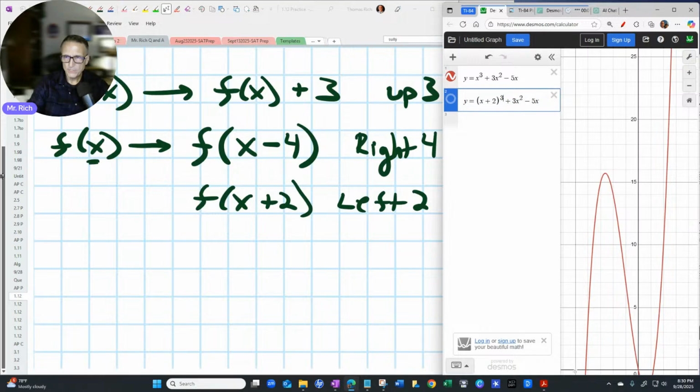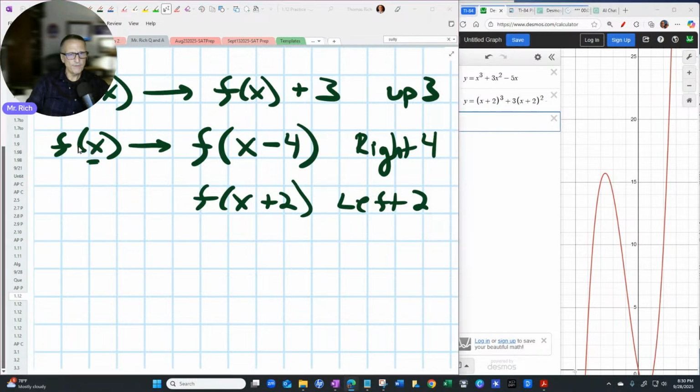So that x becomes an x plus 2. Notice I'm putting them in parentheses because the x is getting pulled and replaced with x plus 2. All of them did, like that. Okay, so I just transformed the function according to f of x became f of x plus 2.